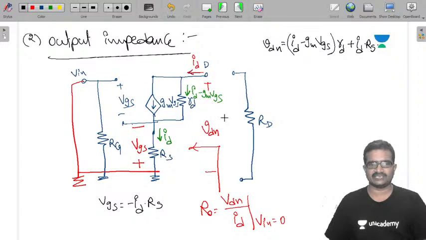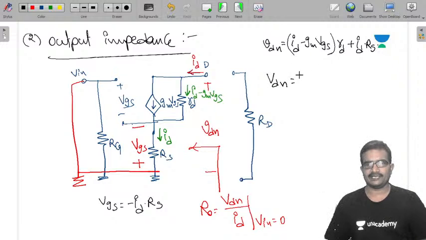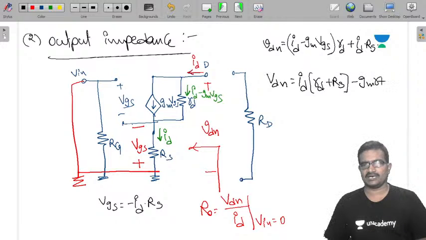Now in place of VGS, substitute this. Therefore VDN equal to ID into rd plus RS minus gm into rd into VGS. VGS is minus ID RS.